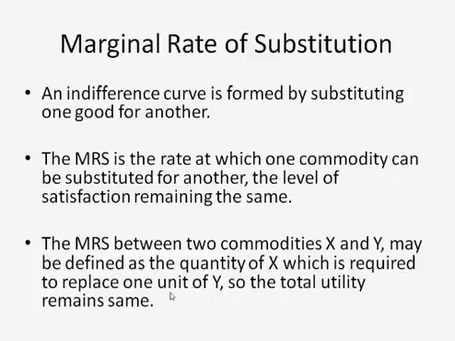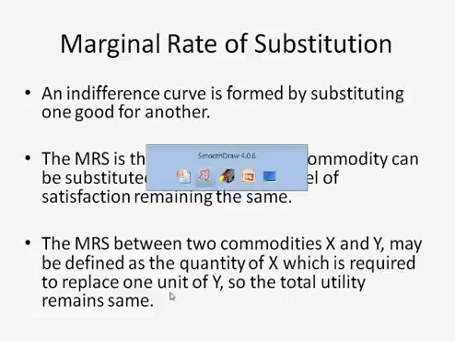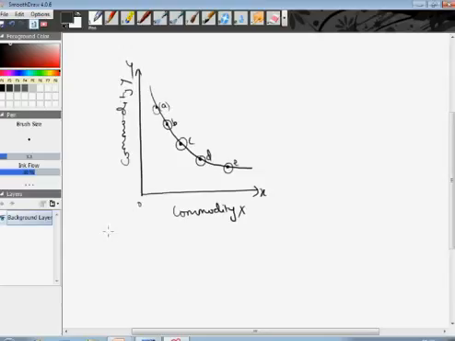And we represent it like this. If we have to find out the marginal rate of substitution for Y and X, it will be equal to change in units of Y divided by change in units of commodity X.